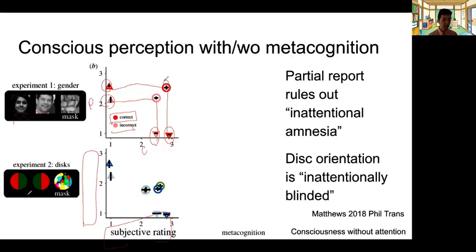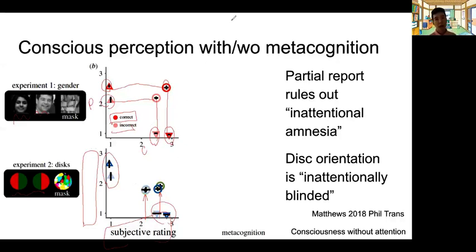But interestingly, for the disk task, the central task itself is the same in terms of confidence rating as expected, and the peripheral task is also the same. When you are correct, confidence is higher. But when they perform the 2 tasks at the same time, the central correct or incorrect can be differentiated metacognitively. However, for the peripheral red-green task, it becomes completely impossible to discriminate whether it was correct or not by the confidence.